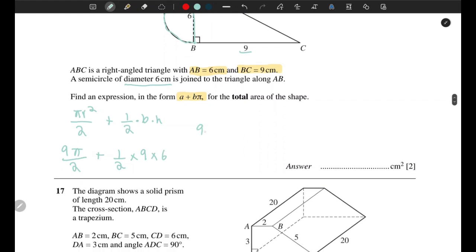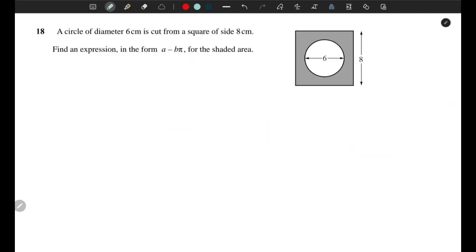So you get 9 pi over 2 plus this cancels with this, so you get 3 here. 9 into 3 is 27. And that is your final answer. So 9 pi over 2 plus 27. This is your answer.